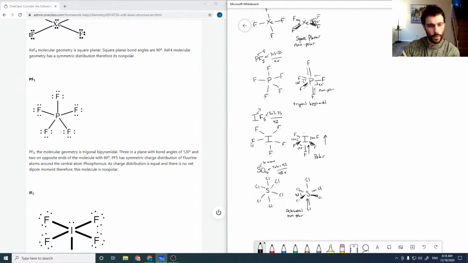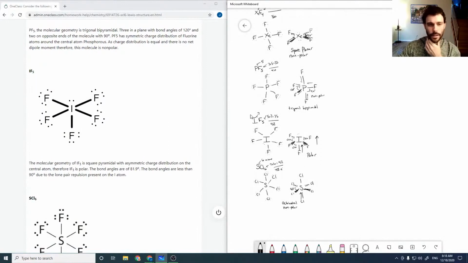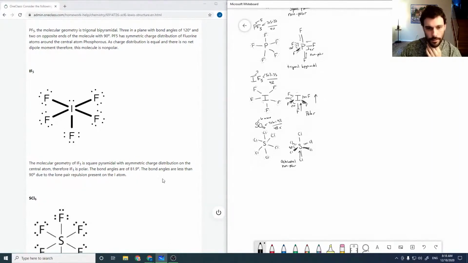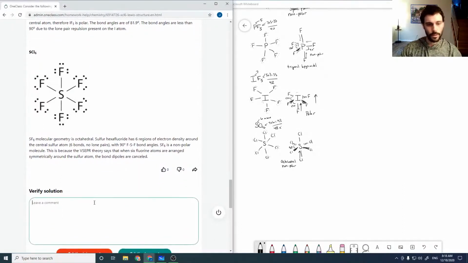And it will be non-polar. IF5 is square pyramidal, and it will be polar, and bond angles will be less than 90. And SF6 is all the angles will be 90. It's an octahedral structure, and it will be non-polar. So that looks good.